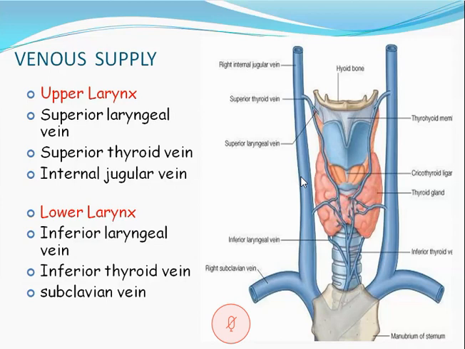Below the glottis, the lower larynx is drained by the inferior laryngeal vein, inferior thyroid vein, and subclavian vein. You are seeing here the superior thyroid vein, and here is the inferior thyroid vein.